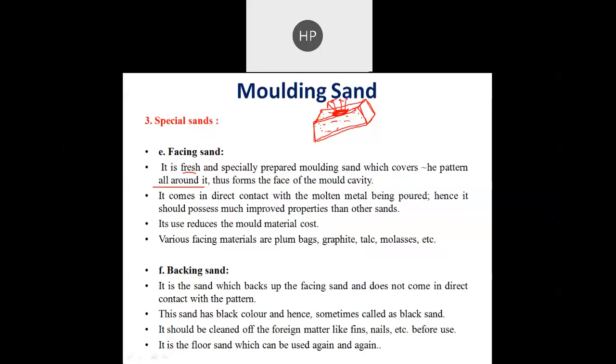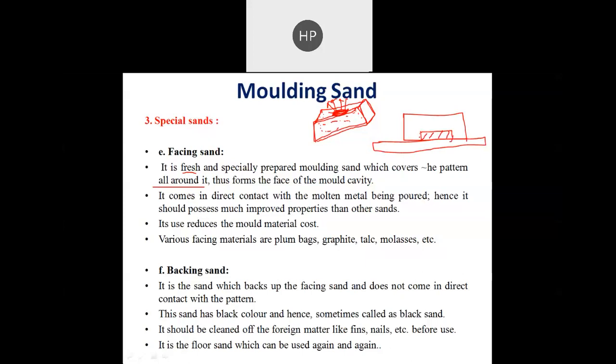So what we do is use a facing sand. So suppose this is the molding box, and that molding box is put on some surface, and this one is our pattern.